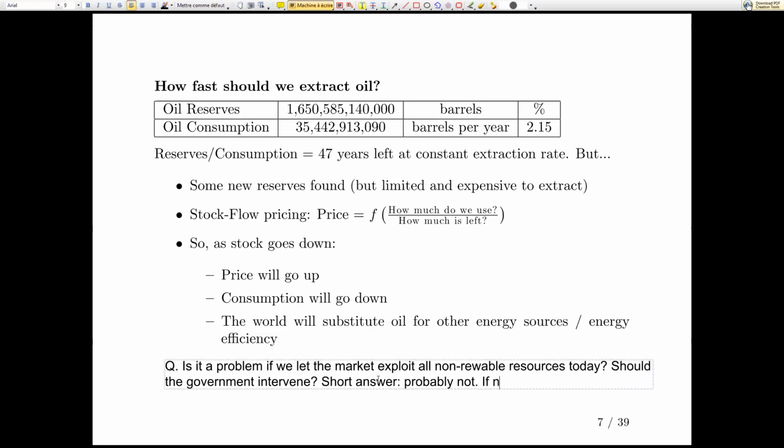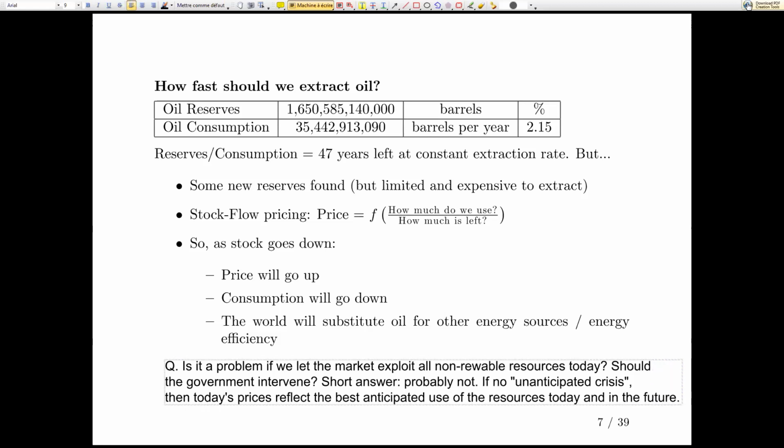So if no unanticipated crisis, then today prices reflect the best use of the resource today and the best anticipated use of the resource today and in the future. So it's not really something that we should care too much about.